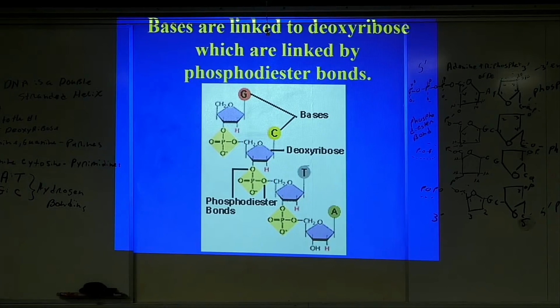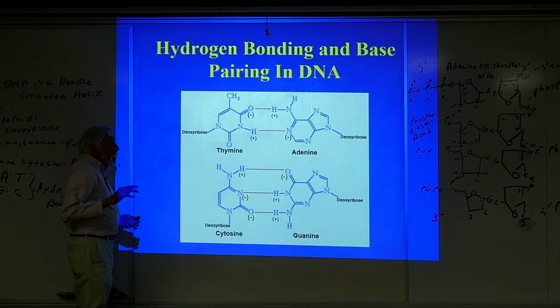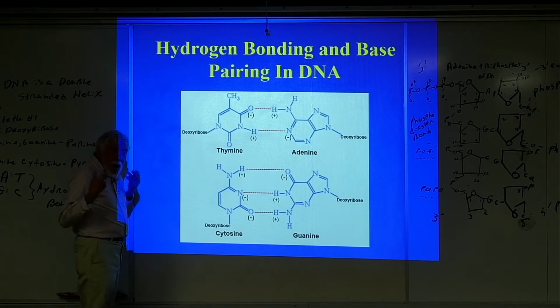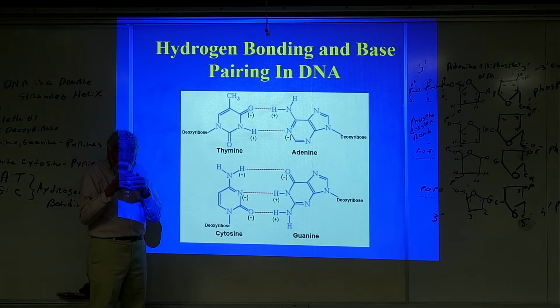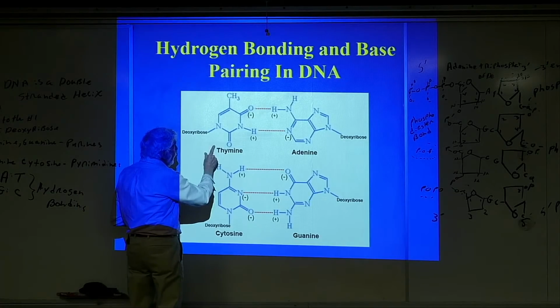Now, the next figure is one I like, and I'll never ask you to memorize this or any of that. But it's important to look at this for a moment, because it shows how the charge structure on the purines and pyrimidines are allowing these base pairs to form, and how this is proper hydrogen bonding and not covalent bonding. Let's take a moment to look at it. Here's thymine.